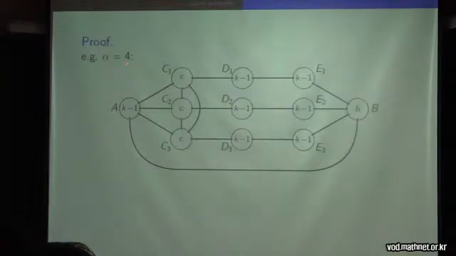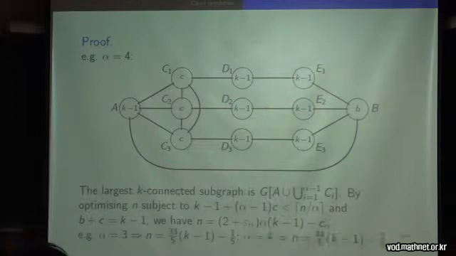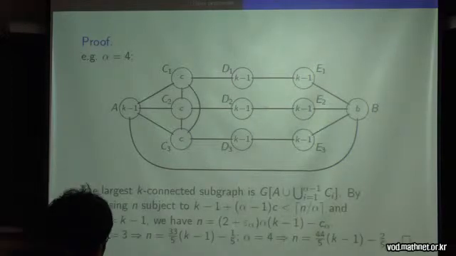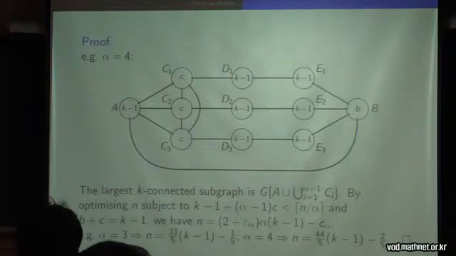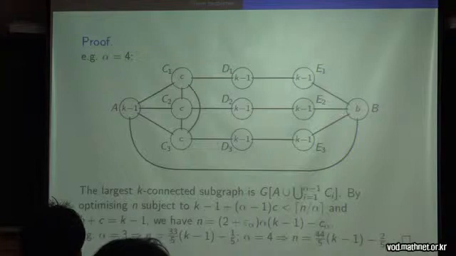So here's an example for alpha is 4. So what happens here is we have alpha minus 1 of these lines here. So we have every circle is a clique, and every thick line between 2 circles means every edge is present. And these are all the sizes. And let's look at this. So we optimize n subject to b plus c is k minus 1, because the whole graph has to be not k connected, so we choose b plus c as the cut set, right?